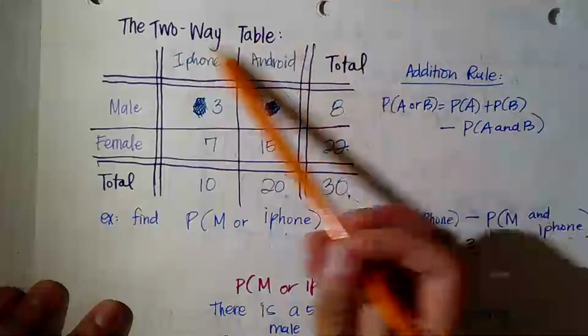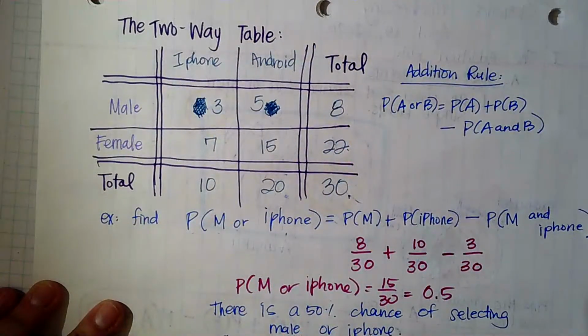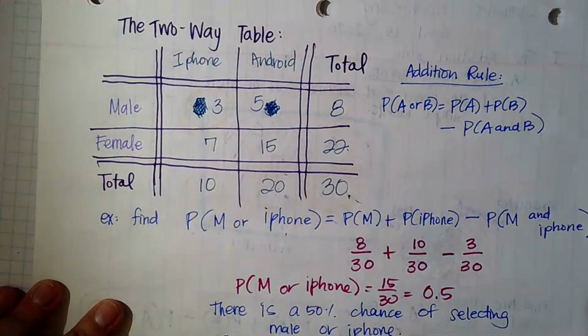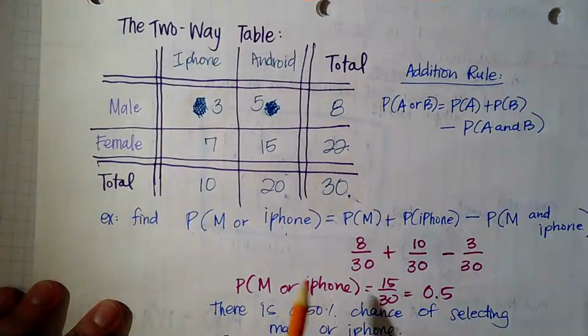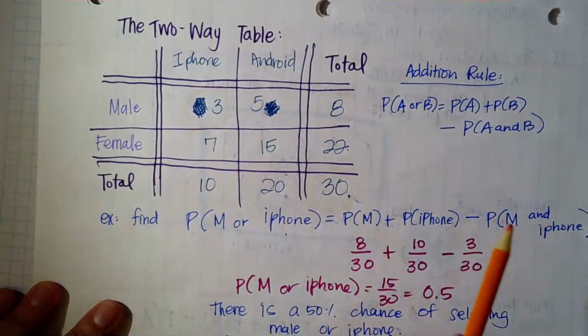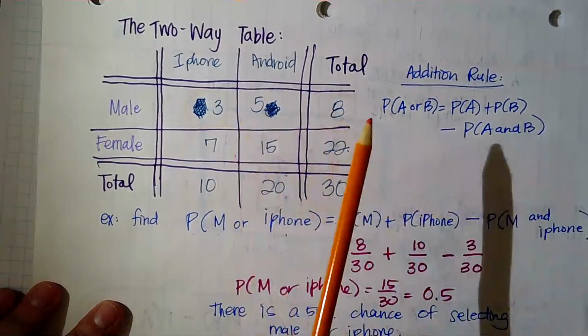So this is the two-way table, and it gives us so much information, and I'm able to calculate the addition rule on so many levels. For example here, I want to find the probability of choosing either a boy, a male, or an iPhone user. First I look at the probability of choosing a male.